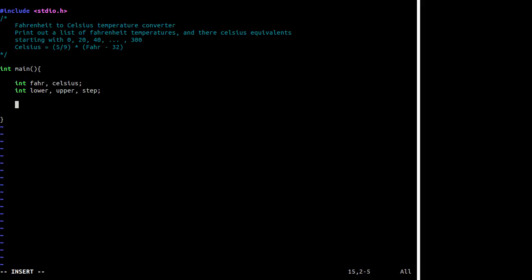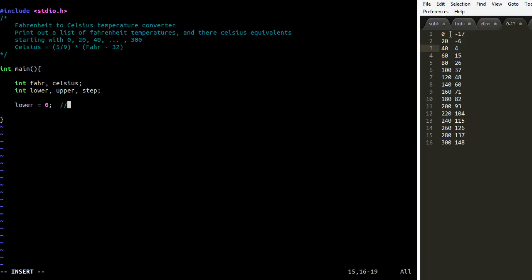So I've declared all the variables I'm going to use, and then I'm going to assign some values to some of these. I'm going to set lower to 0, and the reason is that, if you remember from up here and also my desired output, I want to start at 0. So 0 is my lower bound of the Fahrenheits.